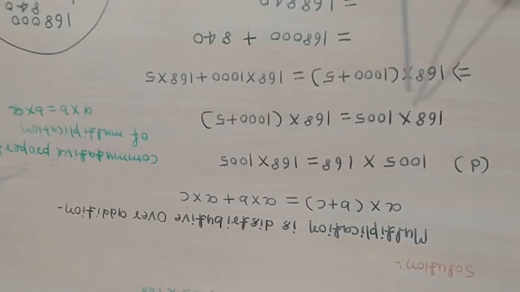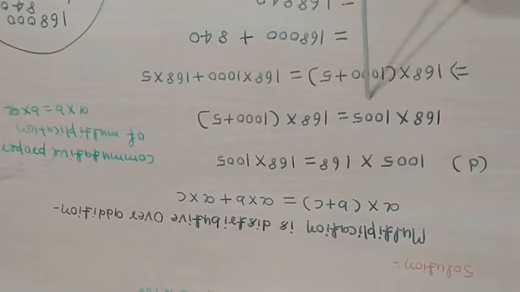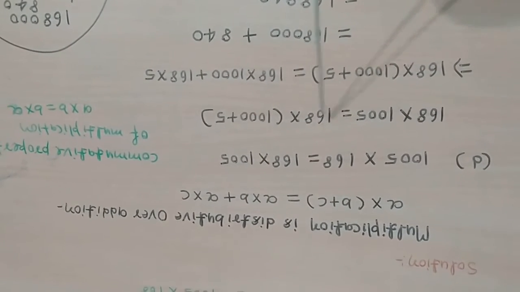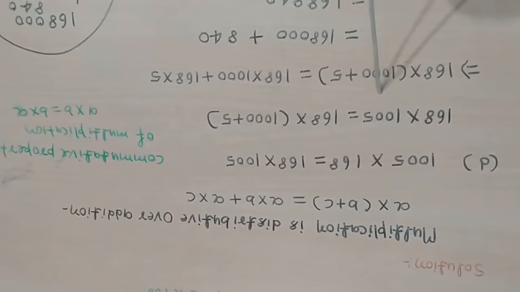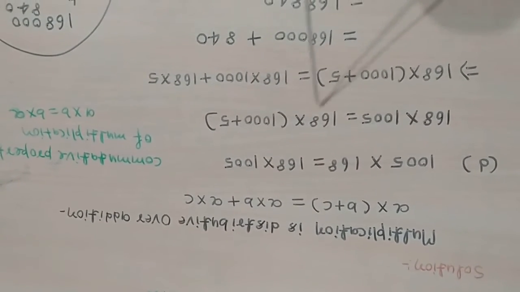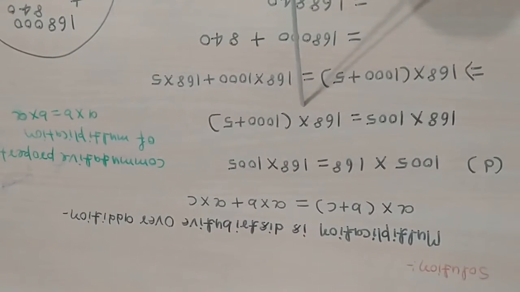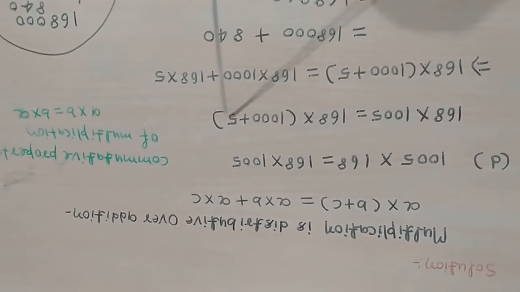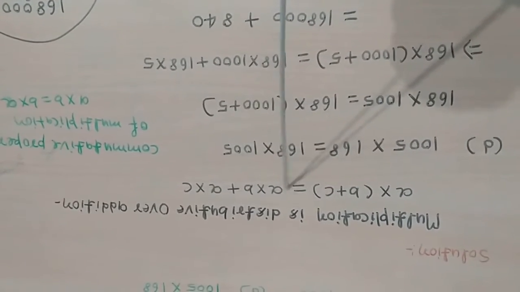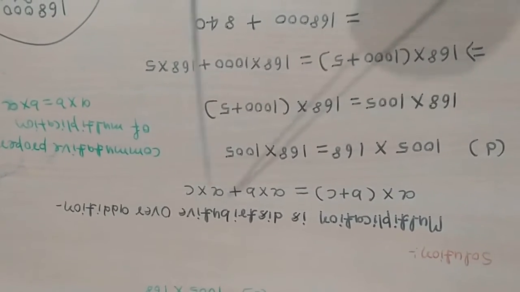So 168 into 1005 is equal to 168 as it is, and we convert 1005 into this form, 1000 plus 5. So it becomes 168 into 1000 plus 5. After this we use multiplication is distributive over addition.